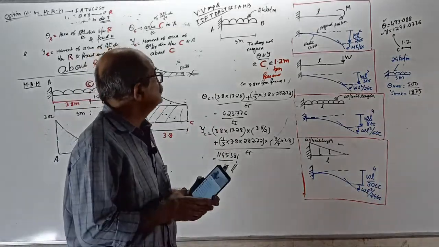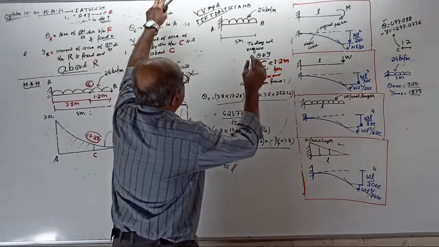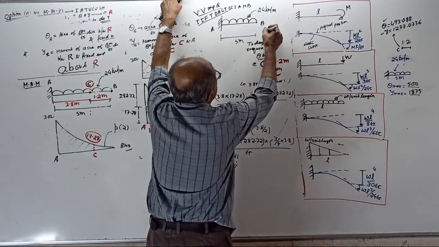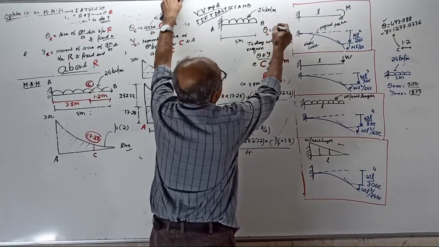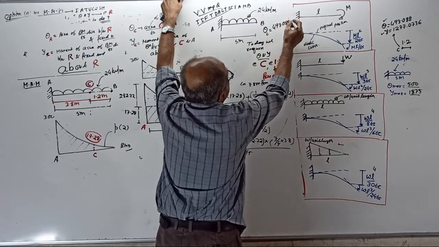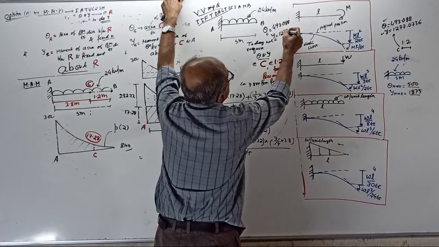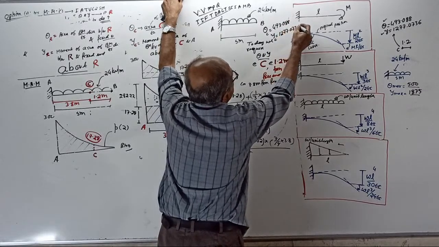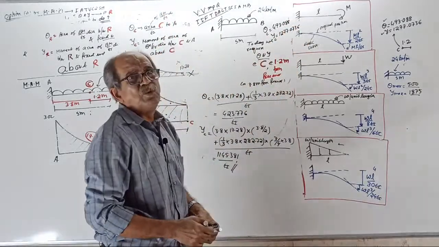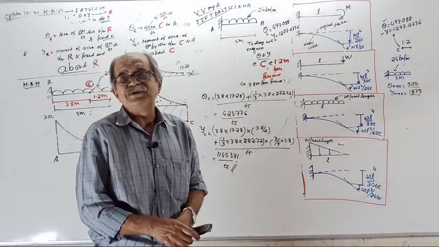So answer is not tallying, because last class you write, he only told theta C should come 493.088 by EI, deflection should come 1277.0736. This is what he told last time. You write there. But answer is not tallying.